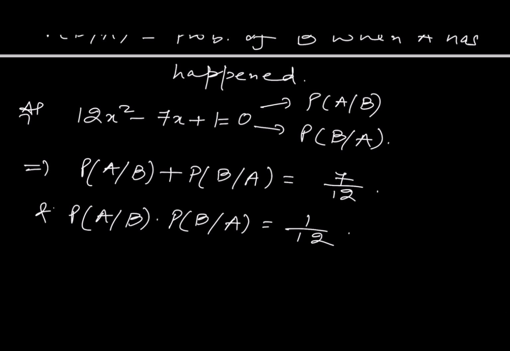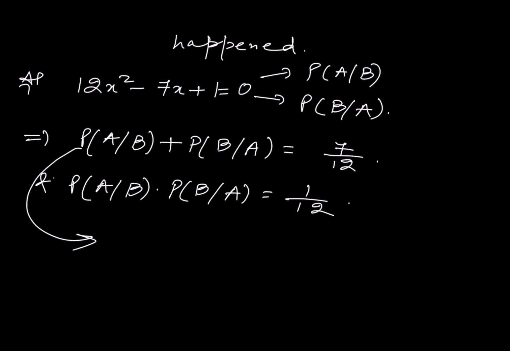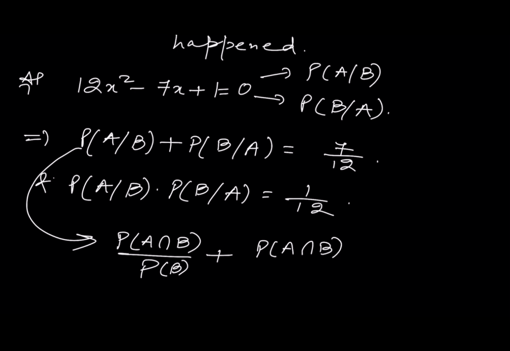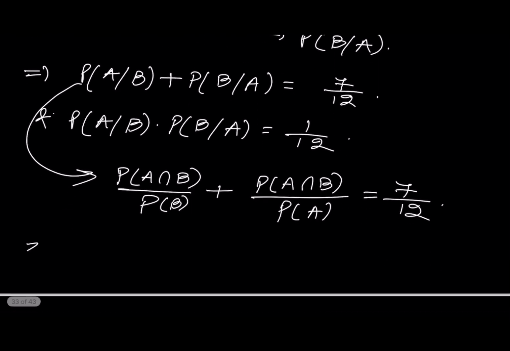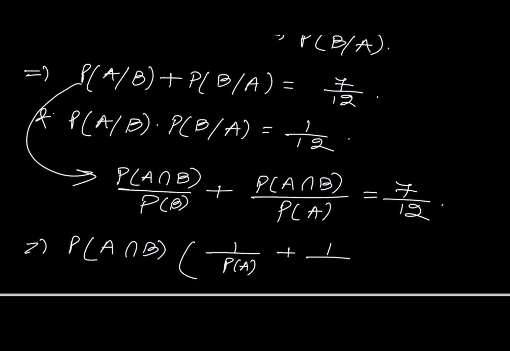And also P(A|B) times P(B|A) is 1/12. Now P(A|B) is P(A ∩ B)/P(B), plus P(B|A) is P(A ∩ B)/P(A), which is 7/12. If I take P(A ∩ B) as common, it will be P(A ∩ B) times (1/P(A) + 1/P(B)), which is 7/12.